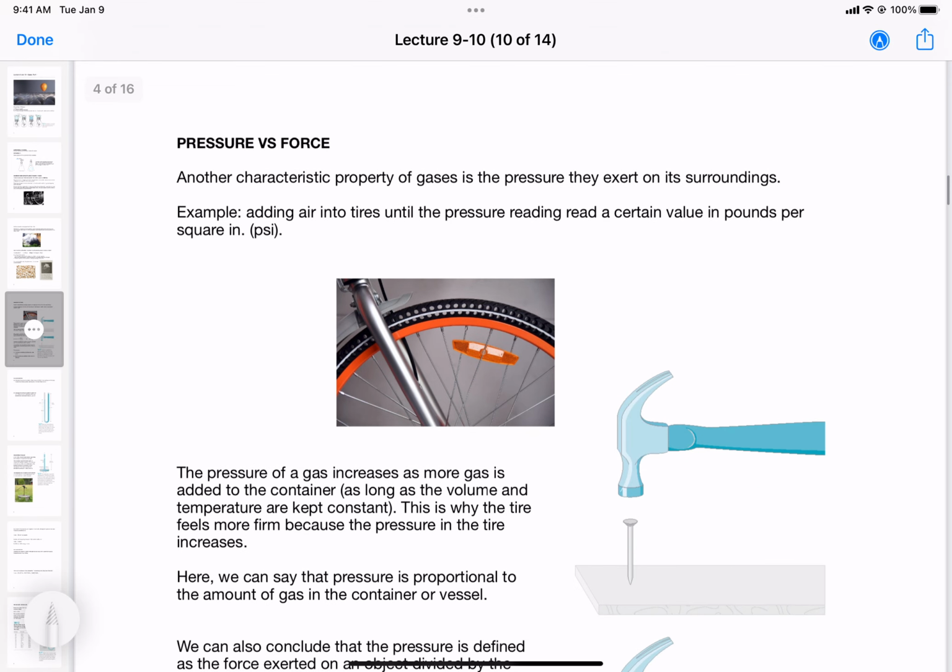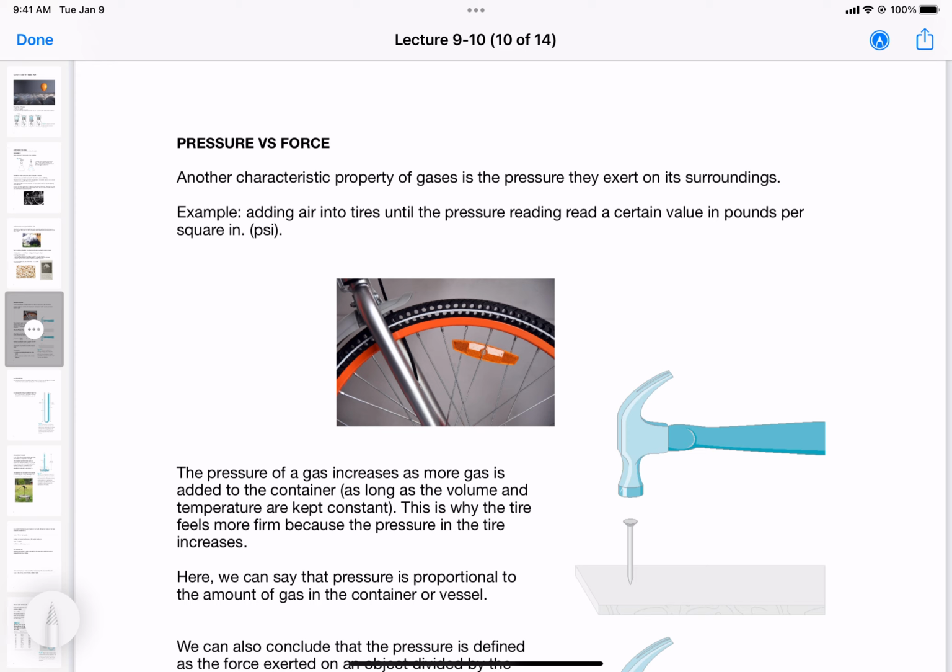Okay. So now let's talk about pressure and force. Another property of gases is the pressure they exert on the surroundings. Like when you put pressure in something like a bike tire, you can measure the pressure exerted by the gas on the walls of the tire by inserting a pressure gauge, or a bike pump, or a tire pump, or any kind of air compressor with a gauge, and you can add air.